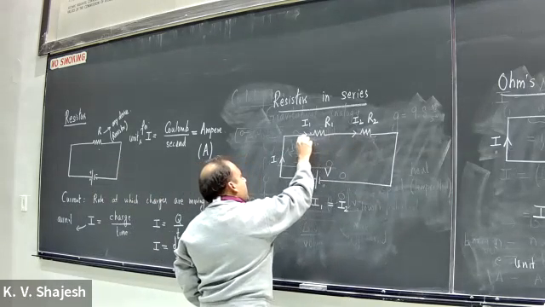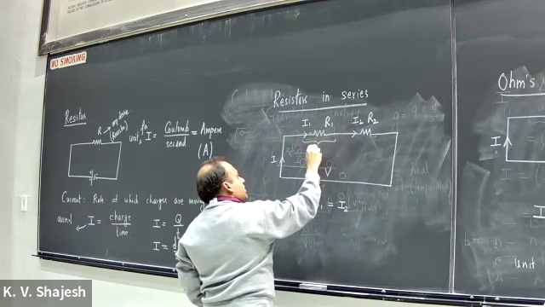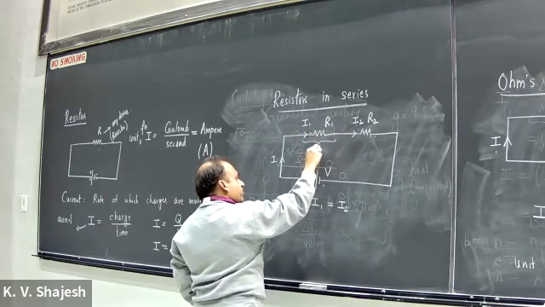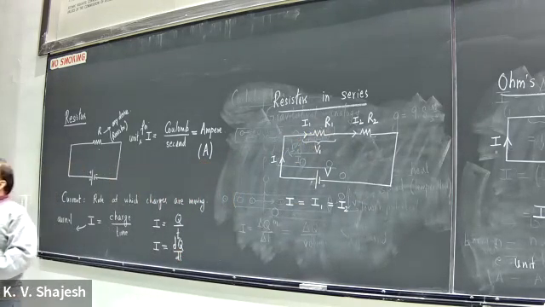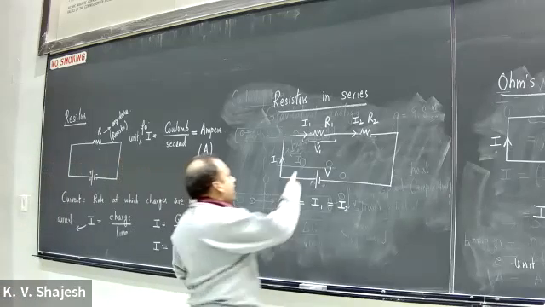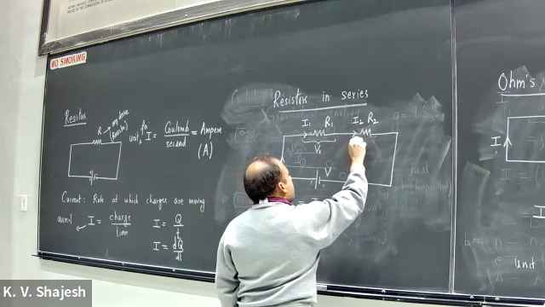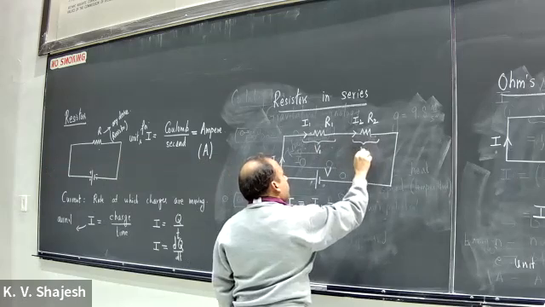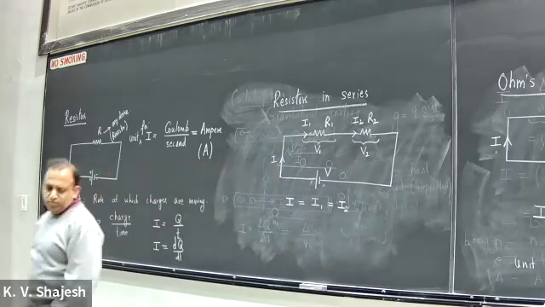So let's say by the time we go from here to here, the potential drop, this is the language, the potential drop is V1. Potential is usually across two points. And that's the drop across the resistance R1. And this is the drop across resistance R2. That's your V2.